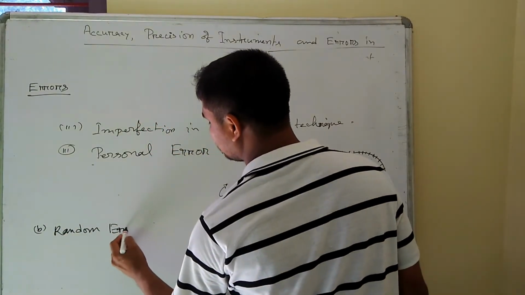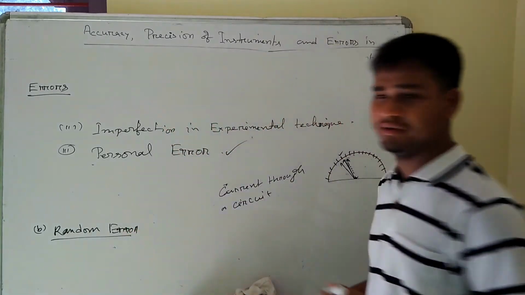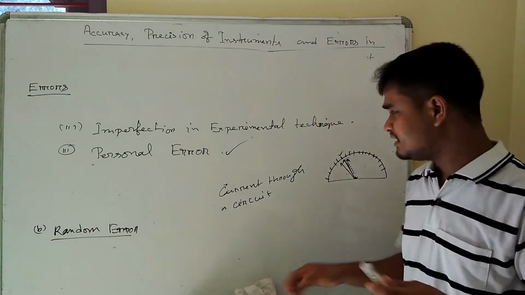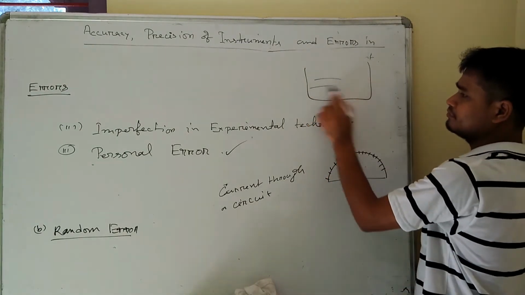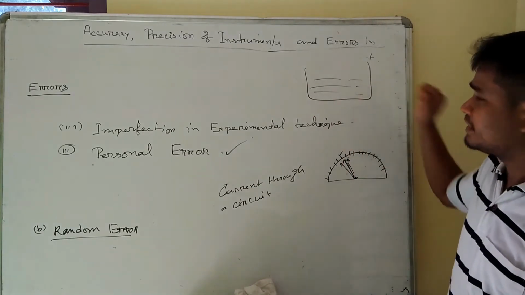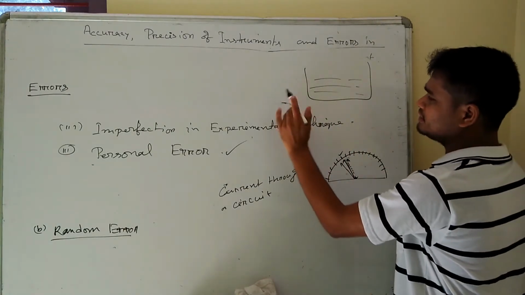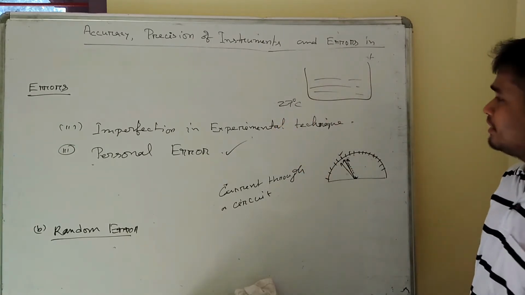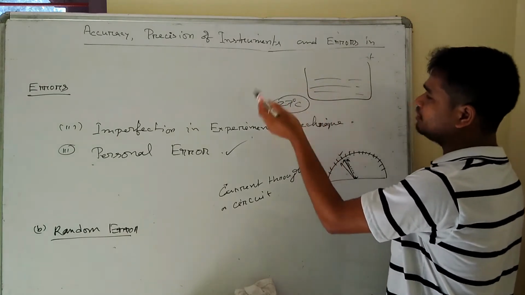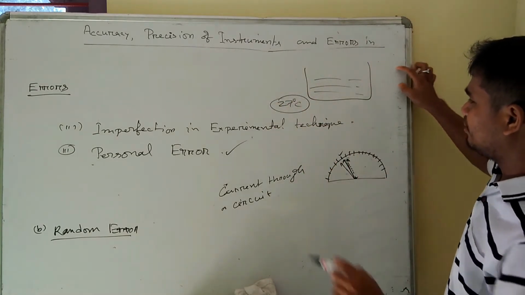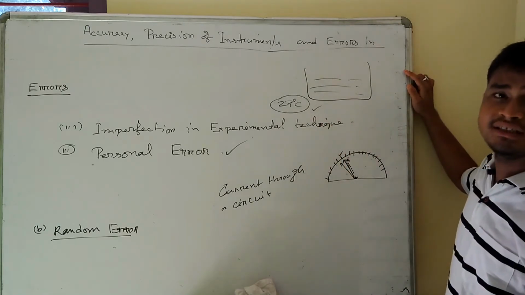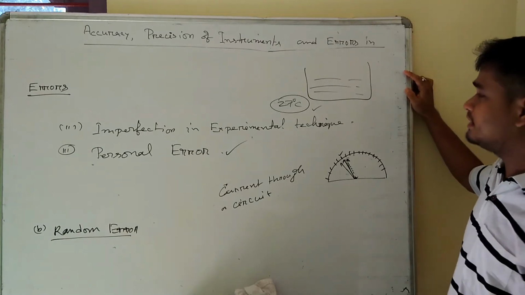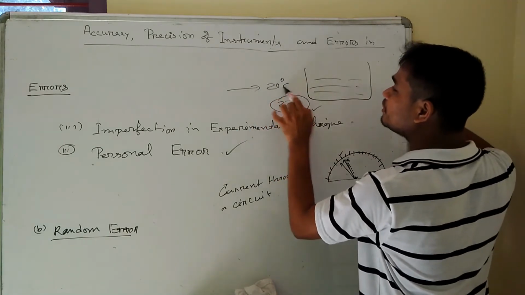Okay, what is random error? Random errors are errors that arise abruptly in any condition. Let us consider you are doing a chemical reaction. You are observing some reaction at room temperature, 27 degrees Celsius. Instantly the weather changes and the temperature decreases to 20 degrees Celsius.